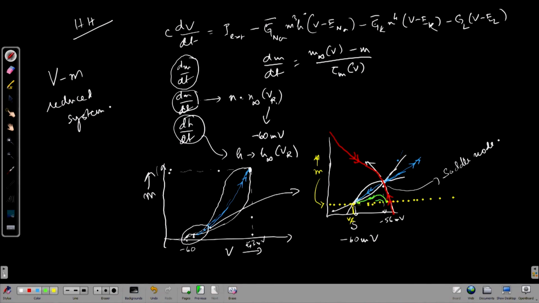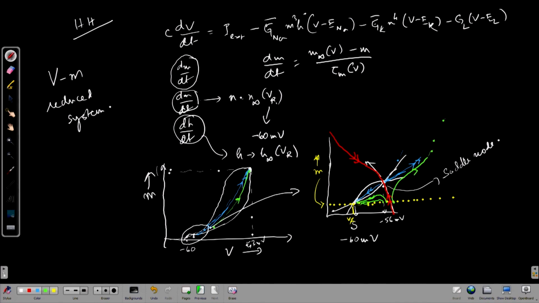In the other case the behavior is like this, where it ends up on this particular stable node as shown here. So this is extending onto the other node, which is at the top.